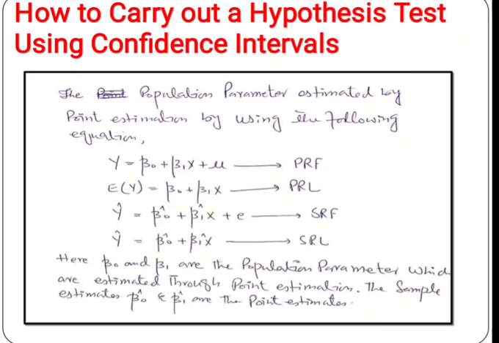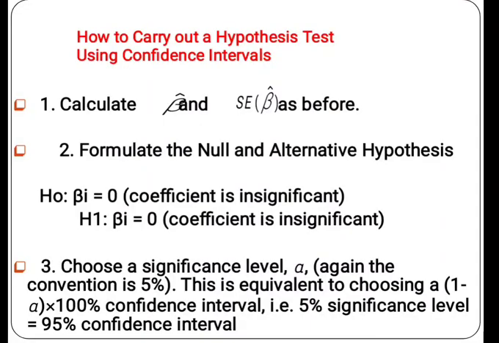We start with our basic steps now. The confidence interval as a hypothesis test: how to carry out a hypothesis test using a confidence interval. Step one is to calculate the value of beta 1 cap and the standard error of beta 1 cap.